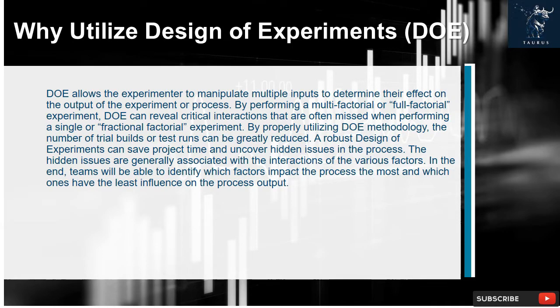A robust design of experiments can save project time and uncover hidden issues in the process. The hidden issues are generally associated with the interactions of the various factors. In the end, teams will be able to identify which factors impact the process the most and which ones have the least influence on the process output.